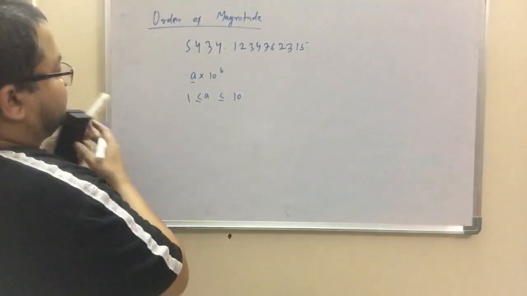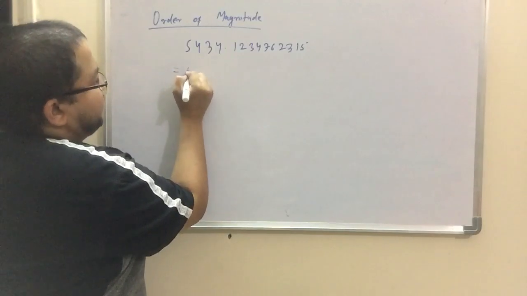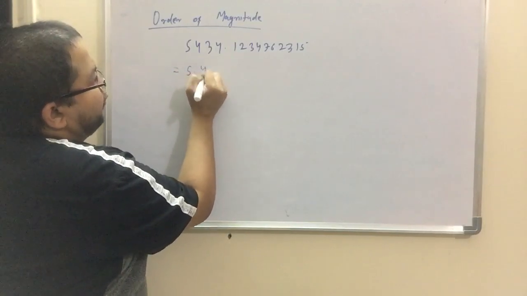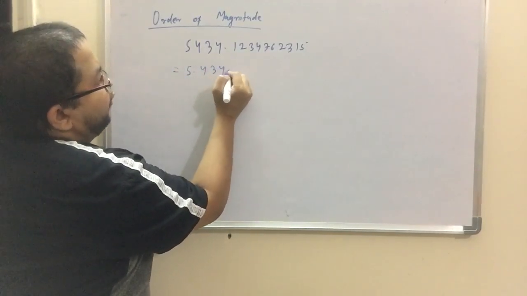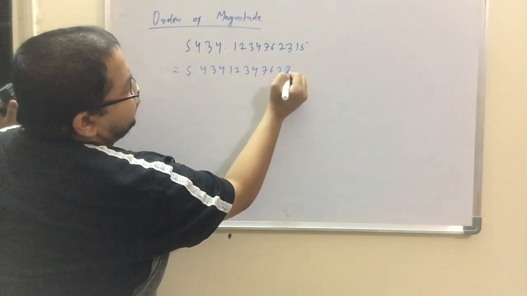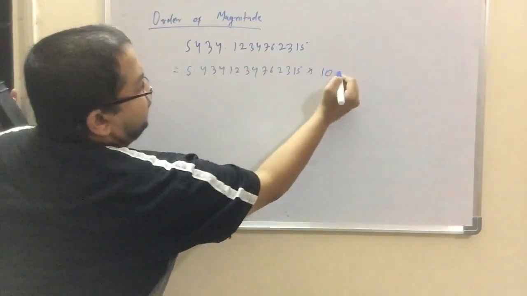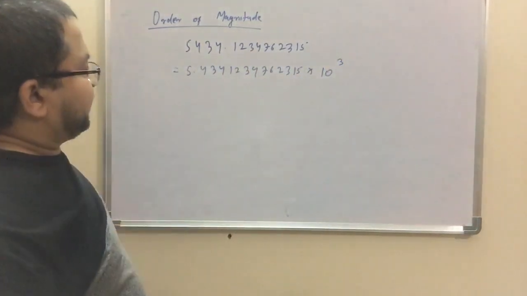So I can put it like this, that this number I can say equals 5.43412347623115 into 10 to the power 3, right?